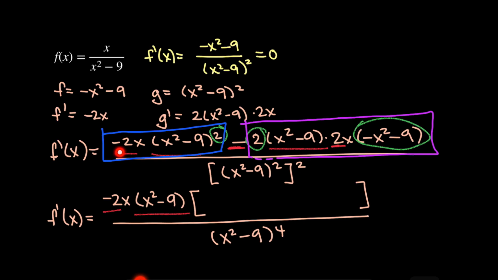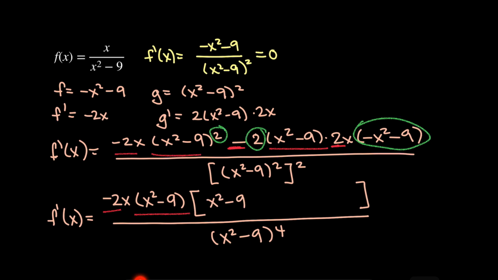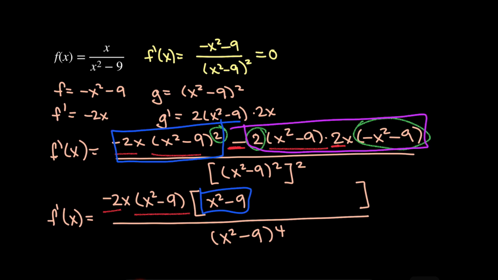In the first term, if I pull out the -2x and one of the x squared minus 9s, see how there's a squared there, there's going to be one left over. So I'm going to have 1 x squared minus 9 left over. Now I'm going to look at that second term. I'm taking out the negative, the 2x, and the x squared minus 9.